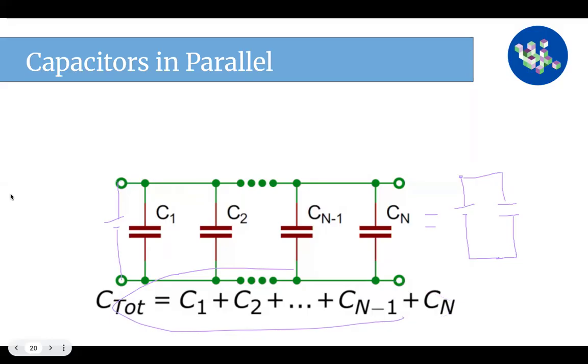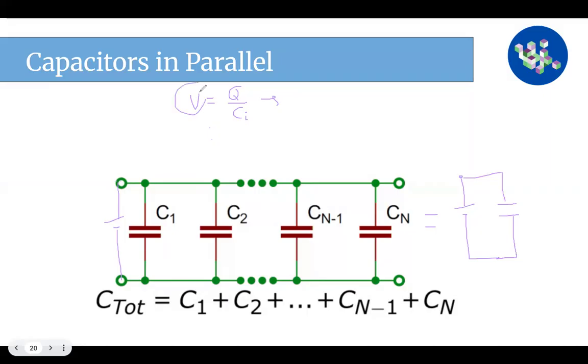If you want a proof of that, let's do this. I know that the voltage across each capacitor equals the charge divided by the capacitance. So for the ith capacitor in parallel, V equals Q_i over C_i.